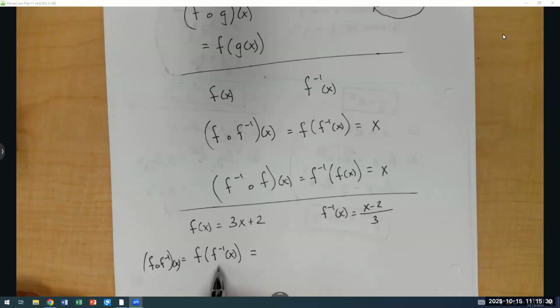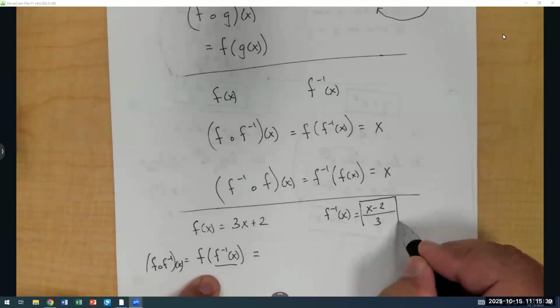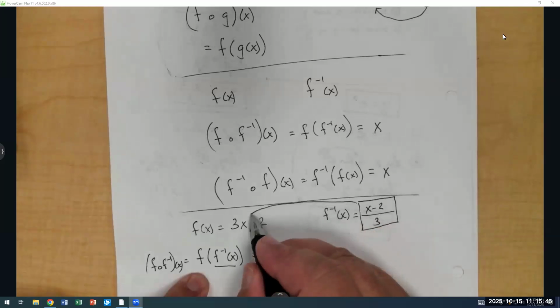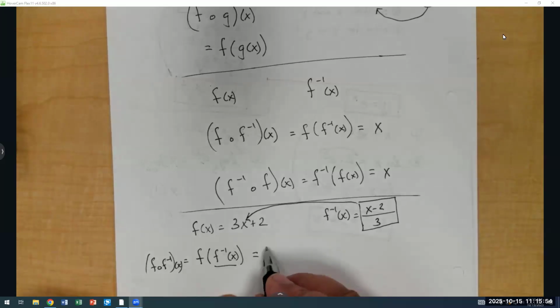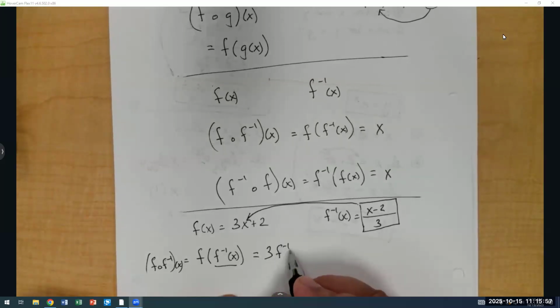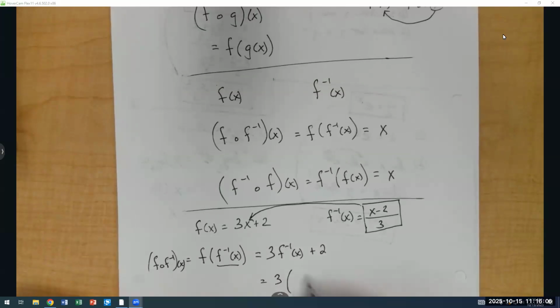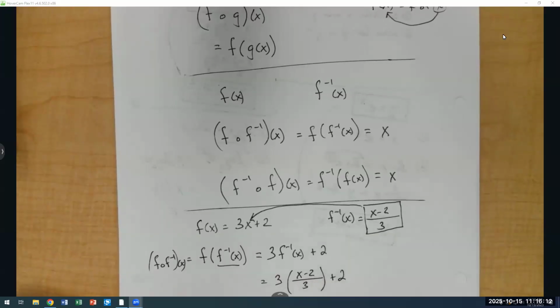What this thing tells us is this. The inverse function, anywhere I see an x in the original function, I put the inverse function. So what it's telling us is I have 3 times f inverse of x plus 2. What is the f inverse of x? x minus 2 over 3 plus 2.